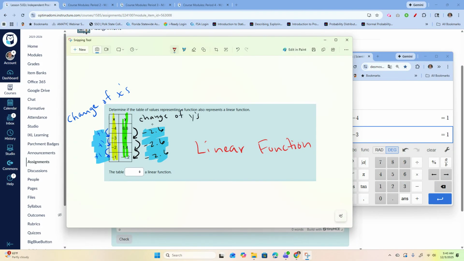Look at the y's, they're all negative 2.6. Look at the x's, they're all ones. So that's how we know it is a linear function. All right, let's go to the next problem. I'm going to show you now when it's not a linear function.